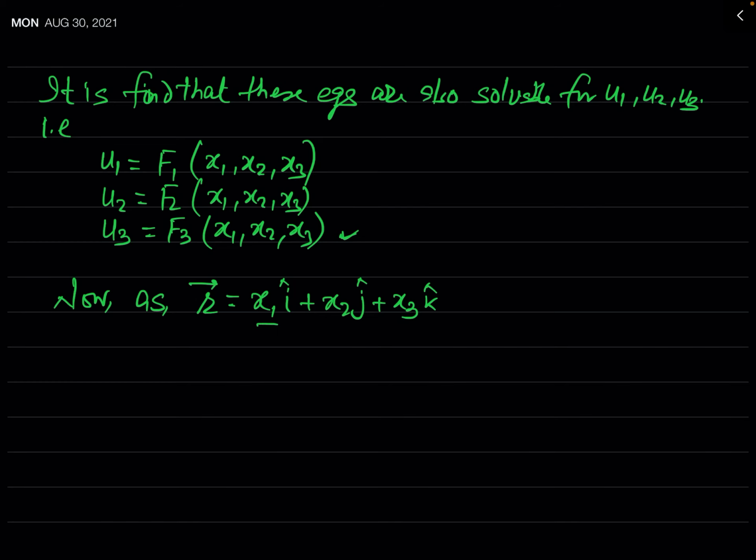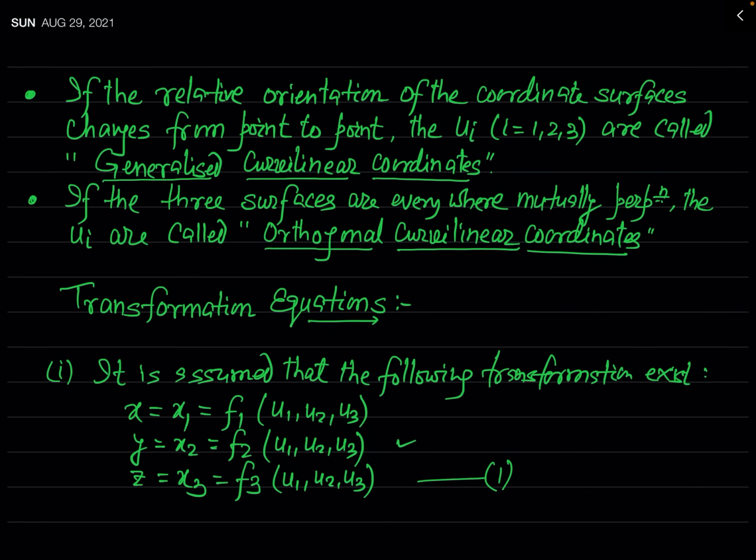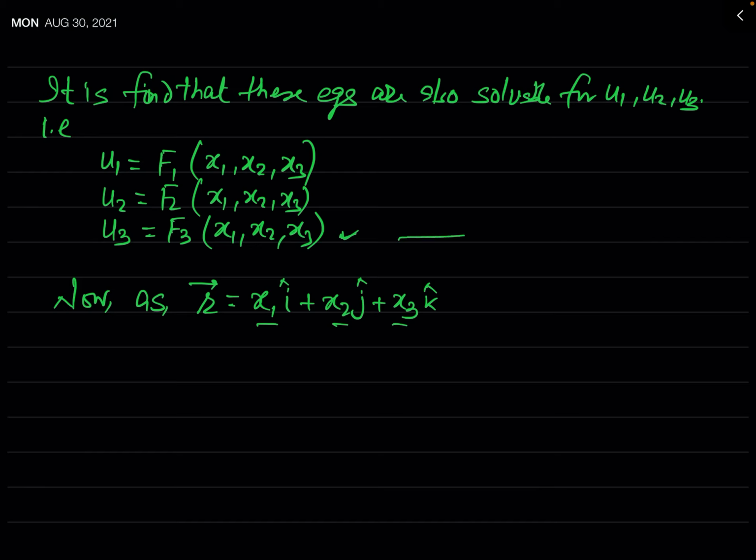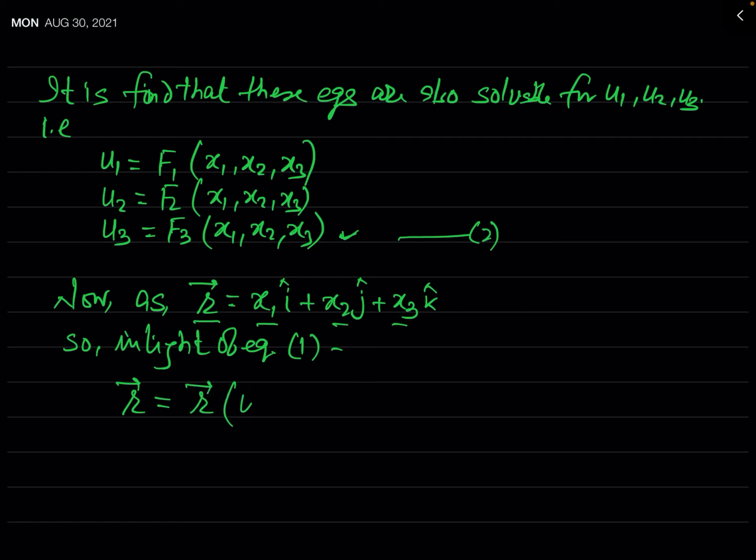So instead of x1, x2 and x3 in this equation 1, we can write a single variable r in vector form. So in the light of equation 1, we can write that the position vector r of point P is actually equal to a function of u1, u2 and u3.